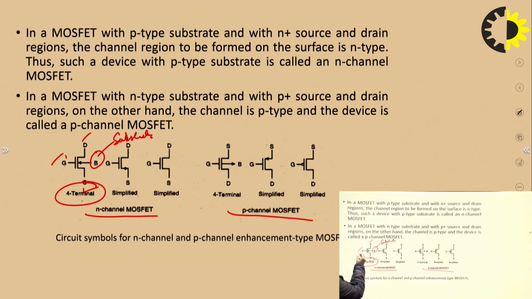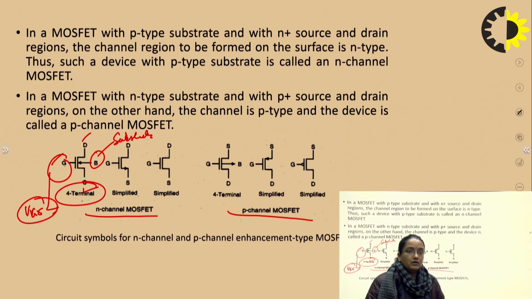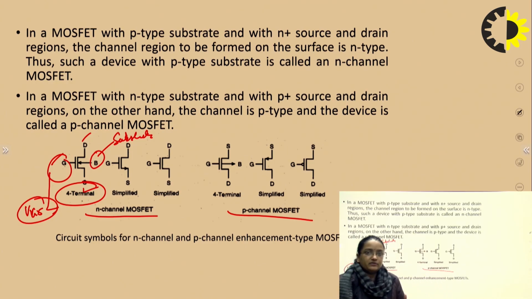Because every function is controlled by VGS, that is, the gate to source voltage. By changing this voltage, we obtain the required characteristics, or the device comes into operation. That's why we say the MOSFET is a voltage control device, because here the gate voltage is the controlling voltage.